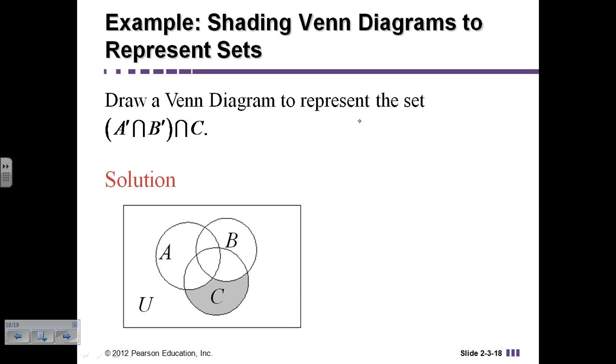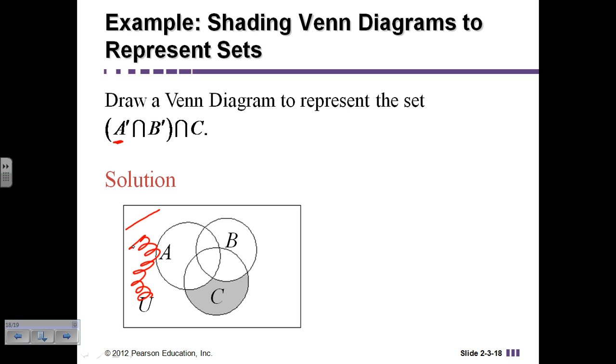So here's another one. Draw a Venn diagram that represents the complement of A intersected with the complement of B, and all of that intersected with C. So let's look at what we have here. The complement of A, let's start with that one. We're going to do that in red. The complement of A is all of this part of the graph that's out here.